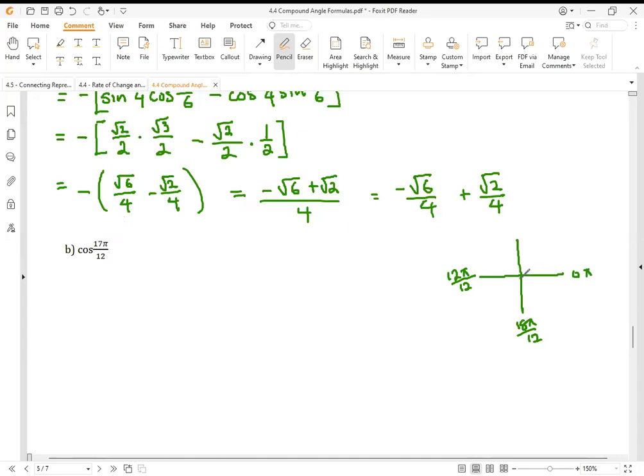So I have this. If that is 17 pi, what would the acute related angle be? With a little bit of effort, I'm sure you can do some fraction subtraction. You will see that it is going to be something plus or minus cosine 5 pi over 12.